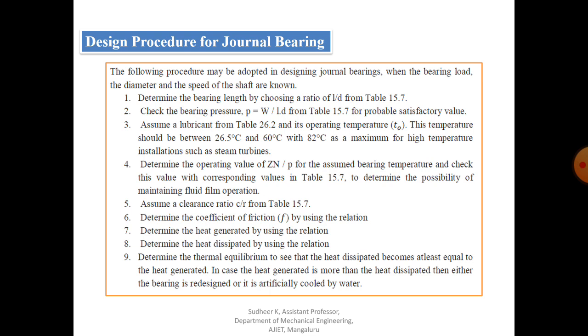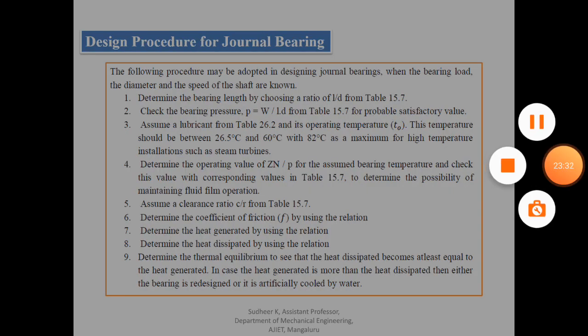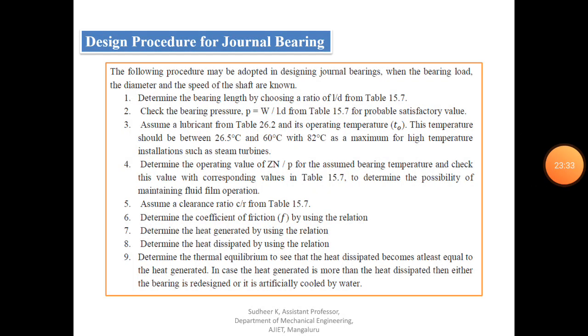So based on the type and nature of the problem, we can design the journal bearing. So that is nothing but sliding contact bearing. This is about sliding contact bearing.